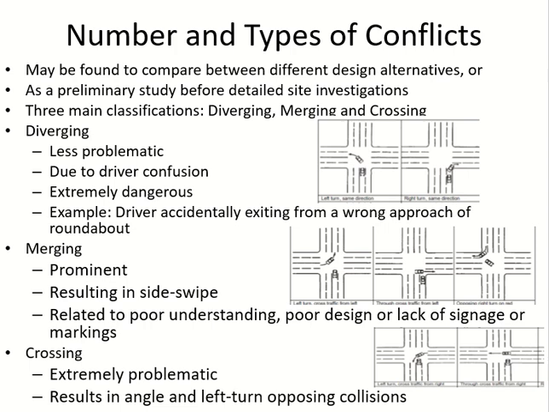An example: a driver is trying to exit from the roundabout and he is in the wrong lane. Merging is more prominent. It happens more often, obviously, because you are coming from the other direction, trying to merge here. So these conflicts happen more often.